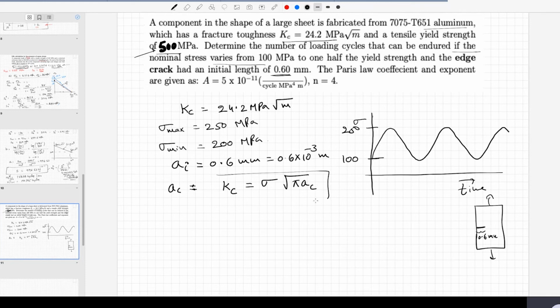So when the length of the crack becomes AC, that is when, for a given sigma, that becomes equal to fracture toughness, that is when the system collapses, right? So here in this system, your maximum stress that the material is experiencing is 250 MPa. So you can actually write this as sigma max. That implies AC is equal to Kc by sigma max root pi whole square.